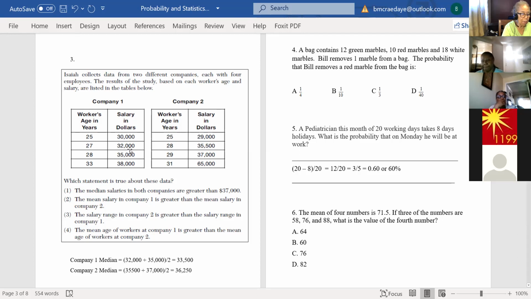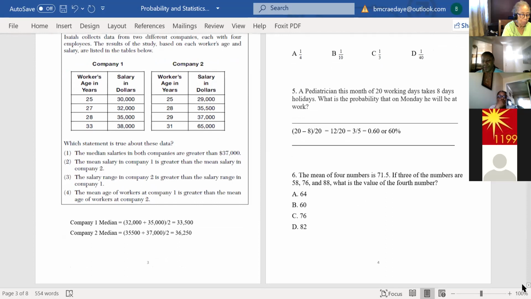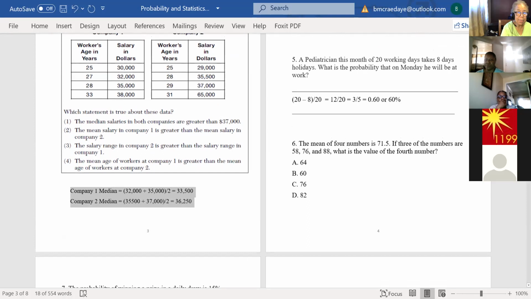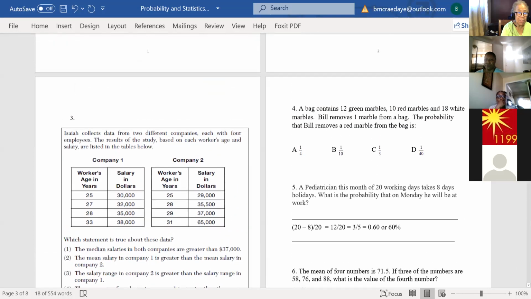So you have to add up all these salaries and divide by 4. So let's just take mean, not median, mean. Okay, and I'm going to the next page.